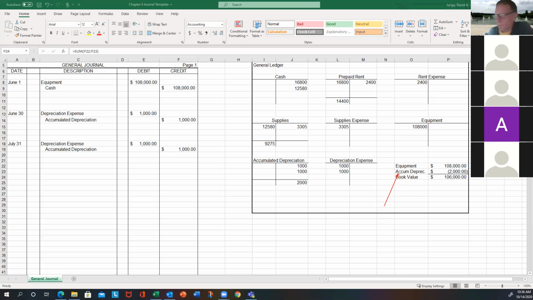So notice accumulated depreciation, as it continues to increase, this book value will continue to decrease. And ultimately, if you depreciated this equipment over 9 years, eventually that book value would go to zero because this accumulated depreciation would at some point equal the cost, and you would get 108 minus 108, and then you'd be done with the equipment.